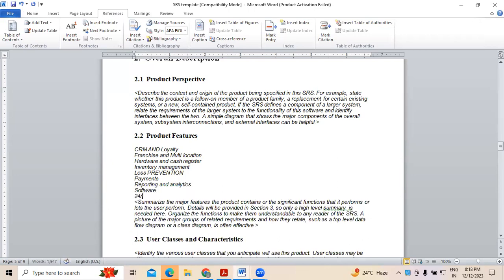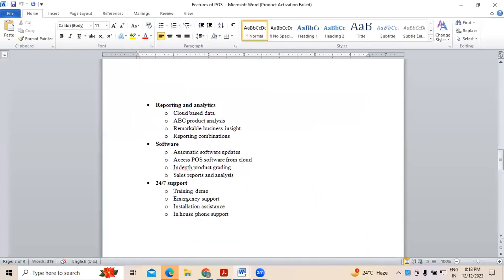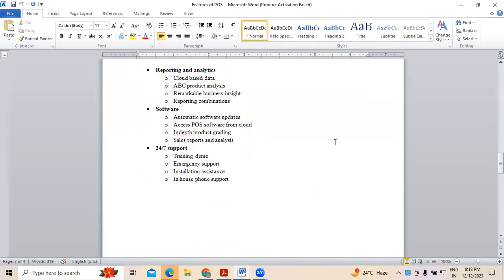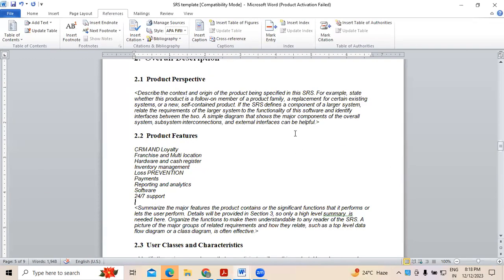It can be 24/7 support. Yeah, enough, right? So these are the features for your product. Whatever the product we are developing, these are the features of the product. So CRM loyalty, franchise multi-location, hardware and cash register, inventory management, etc. These are the features of the product.